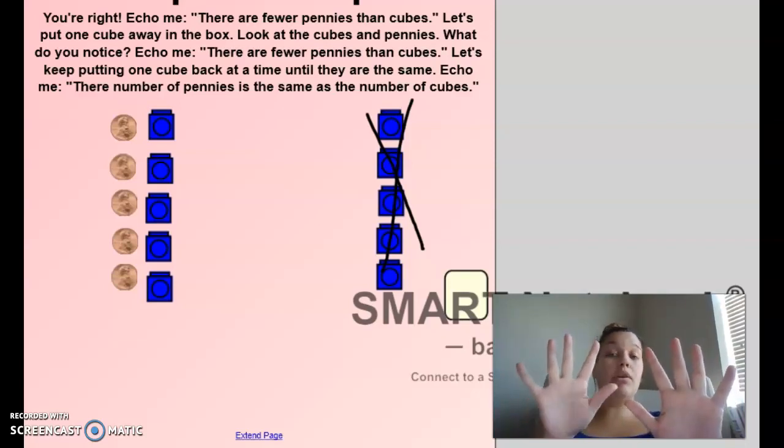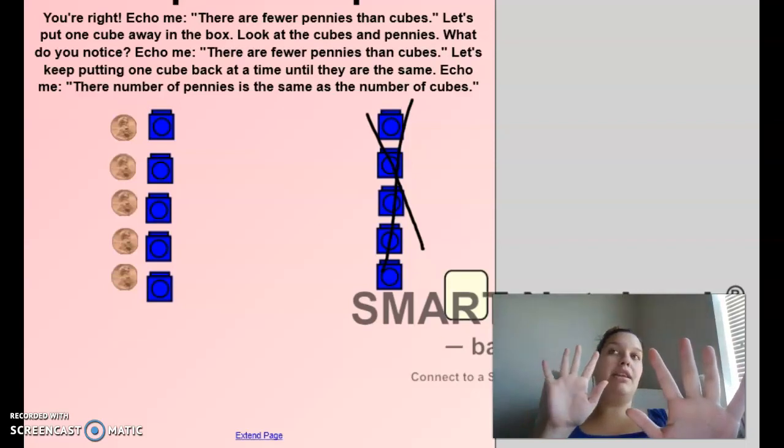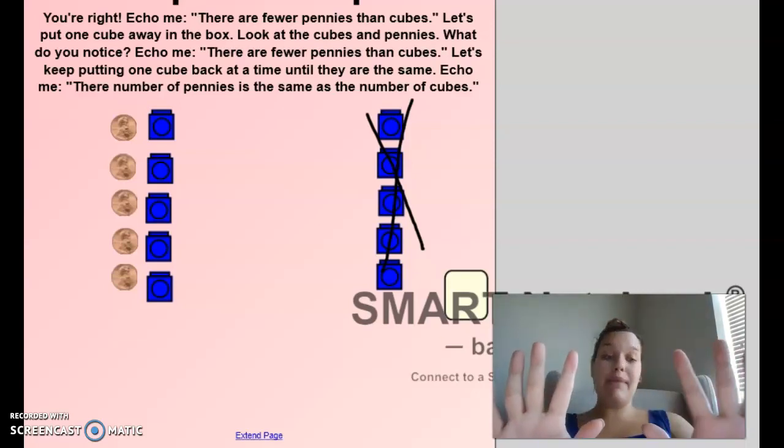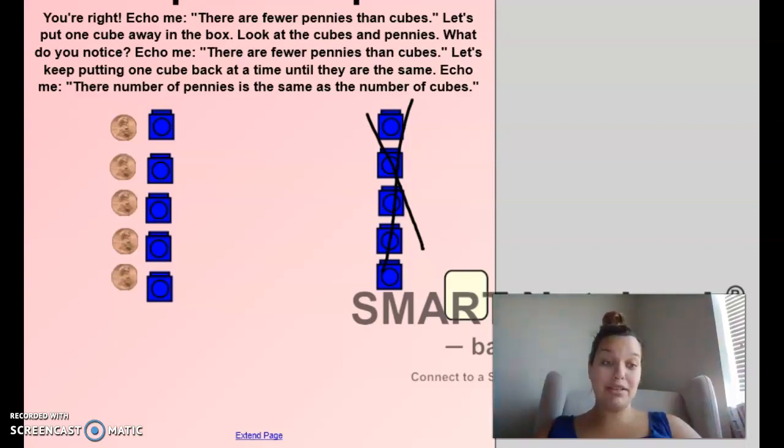No, I would need one more bug to make my number of bugs the same as my number of birds. So sometimes it may just say find the group that has the fewest, and sometimes it's going to say find the group that has the fewest and tell me how many more I need to make the groups the same as each other.